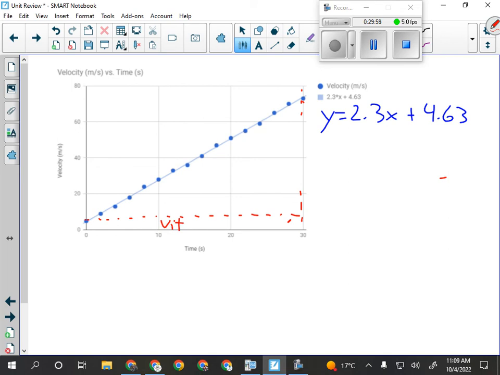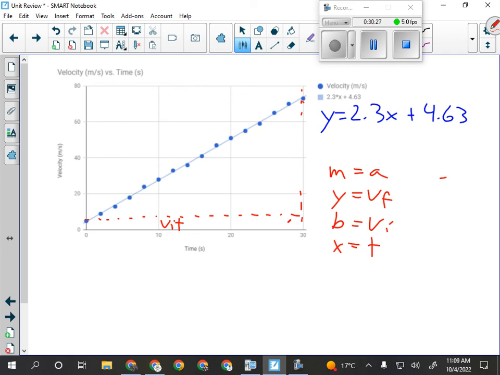Where do I get the initial velocity from? It's the y-intercept. This y-intercept tells me how fast it's going at time 0. So from this formula, m equals acceleration, y equals final velocity, b equals initial velocity, x equals time. That's what I can get straight from the equation of the line.